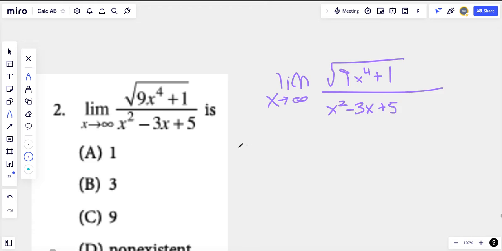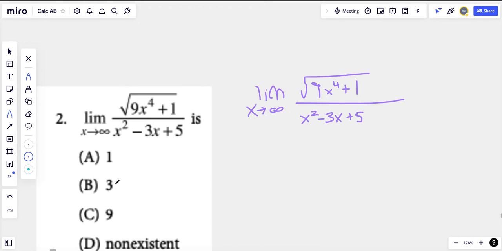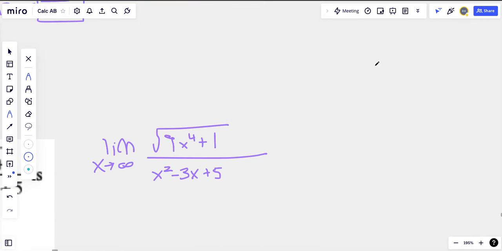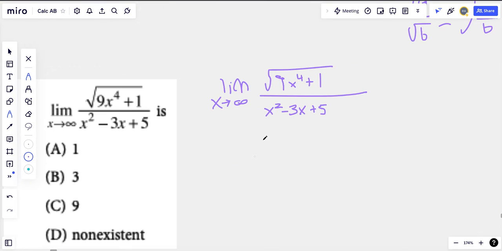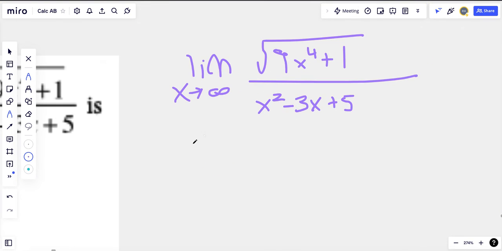Now the way we do that is we use what we already know about radicals. So if you have square root of a over square root of b, this is the same as square root of a over b. So we have to use this somehow. And the way we use this is by dividing by x squared by everything.